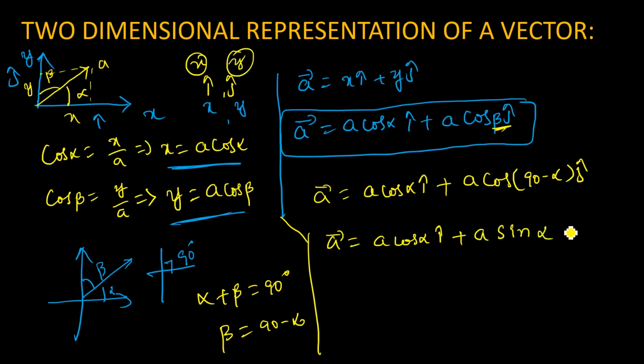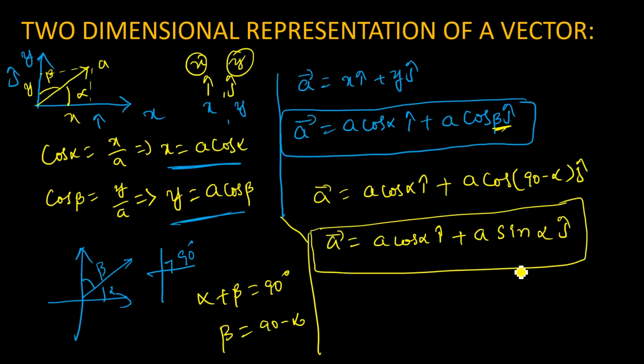If it is an odd multiple of 90, cos will become sine, sine will become cos. So A bar equal to A cos alpha i cap plus A sin alpha j cap. So this is the two-dimensional representation of a vector.